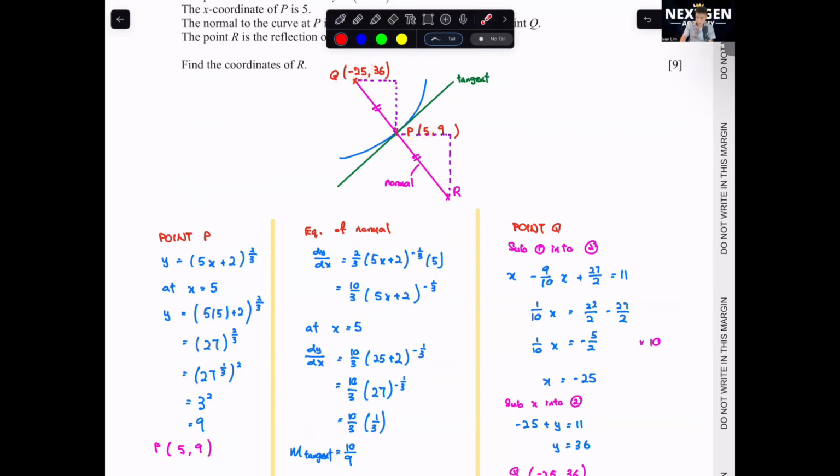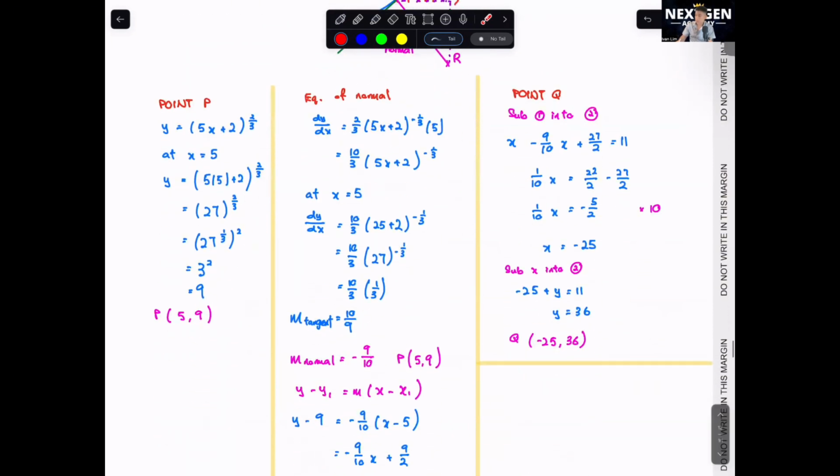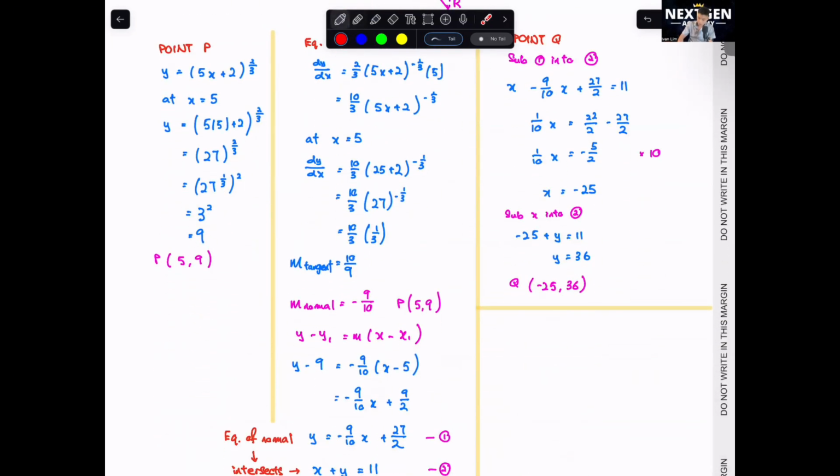So from Q to P, what's the distance? We can take P minus Q. Basically we can find the QP vector. QP means you take P minus Q: (5 minus -25, 9 minus 36), which equals (30, -27).